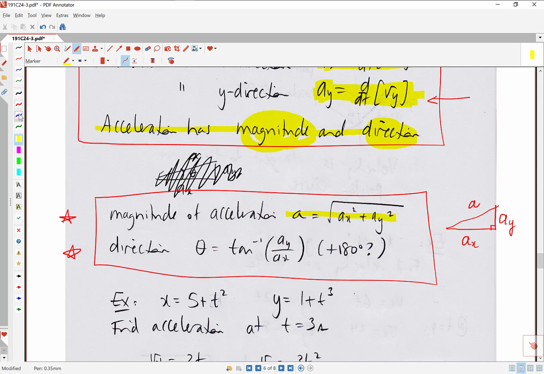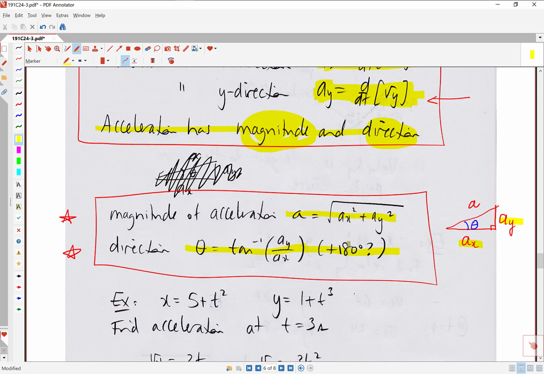And then the other thing we need is our angle theta. Very similar to what we said with our velocity discussion, to get this angle theta, just take arctan of the vertical component divided by the horizontal component. So that gives you your angle theta. But we may need to add 180 degrees to this.